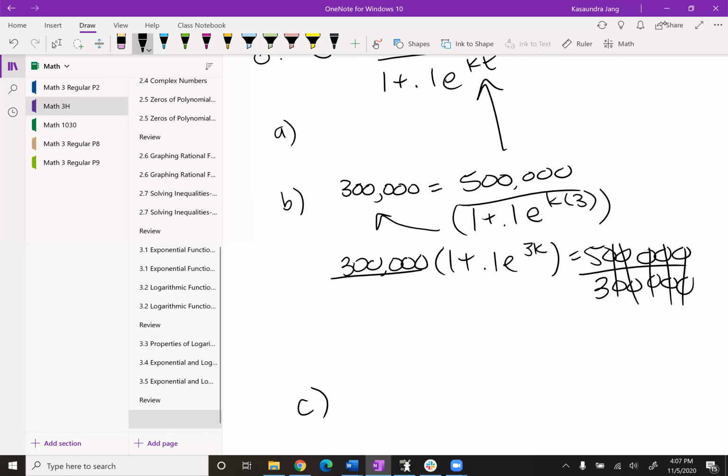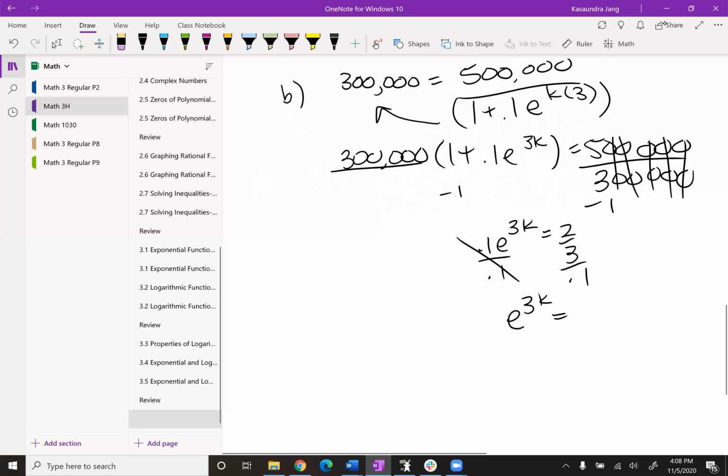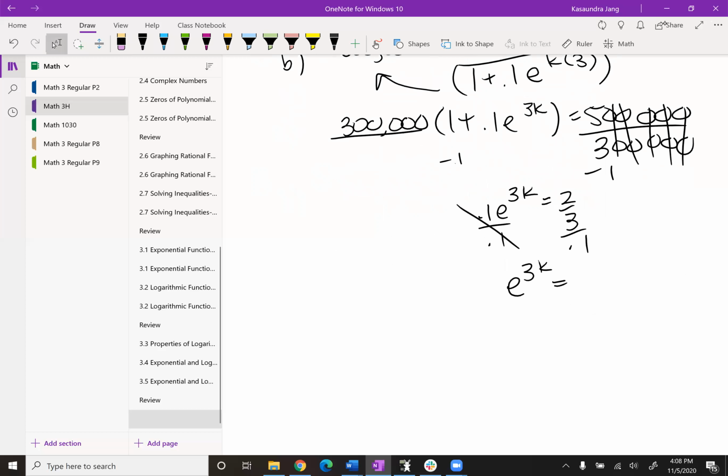Which at this point, I will then subtract 1 on both sides. So I get a 0.1 e to the 3k equals, let's see, I'm at 2/3 now. I'm going to divide by my 0.1 on both sides. Okay, so now I'm at, if you want the fraction, I'm at like 20/3, if you do it that way.